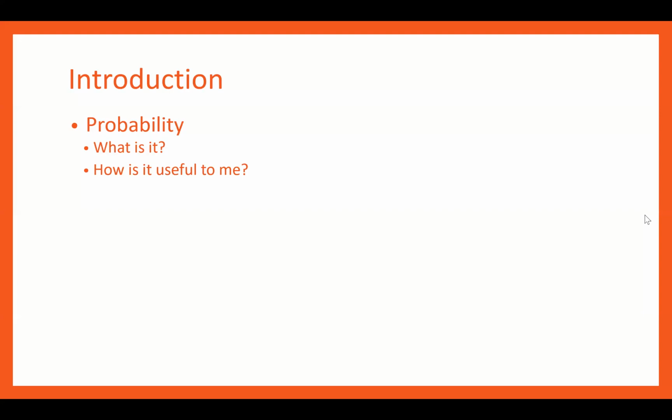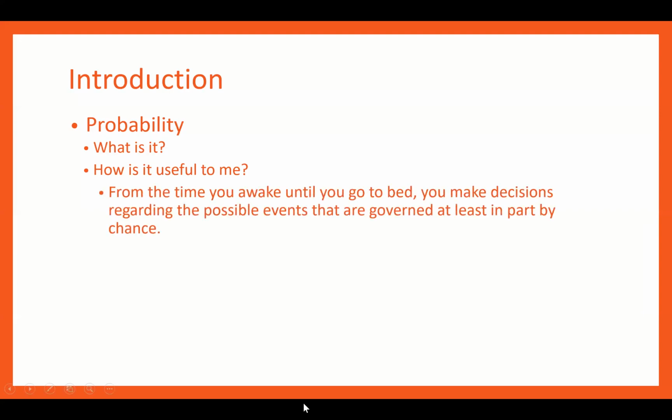But probability is useful to you because from the time you get up in the morning until the time you go to bed, we as individuals make decisions that are governed in part by chance or probability.